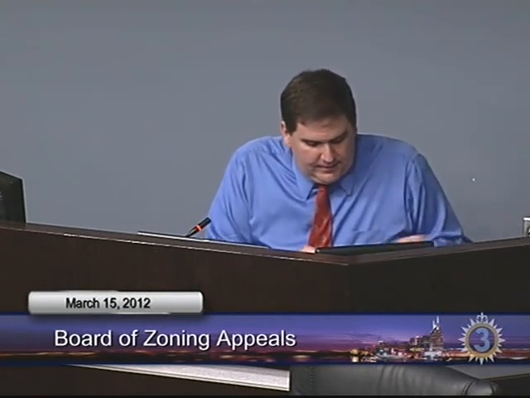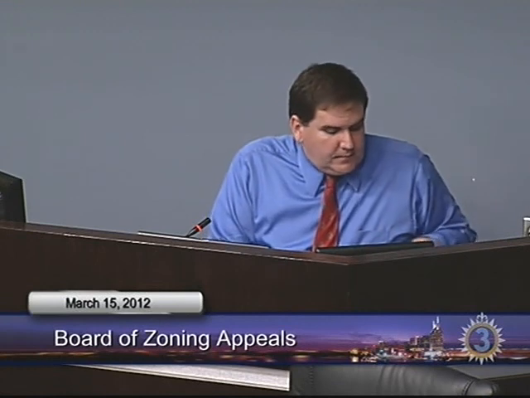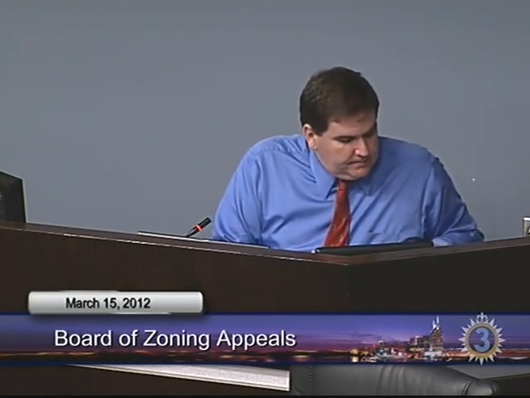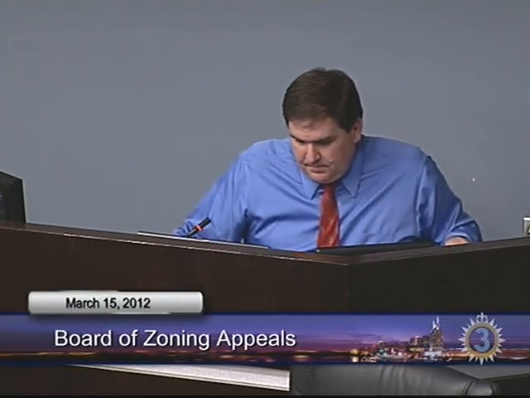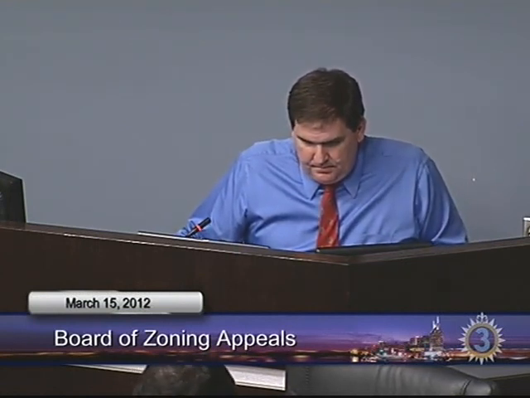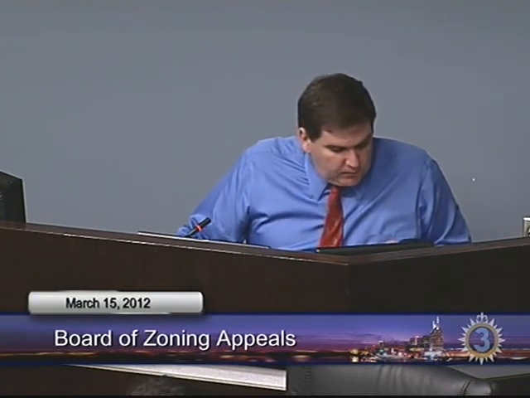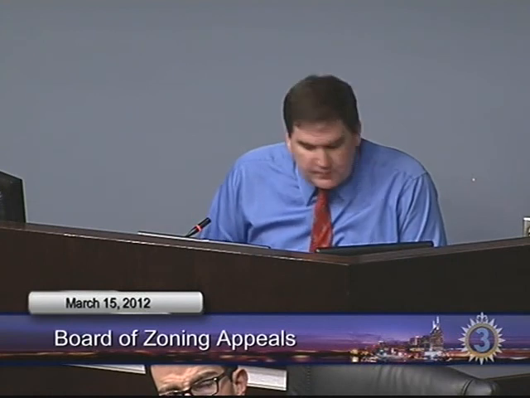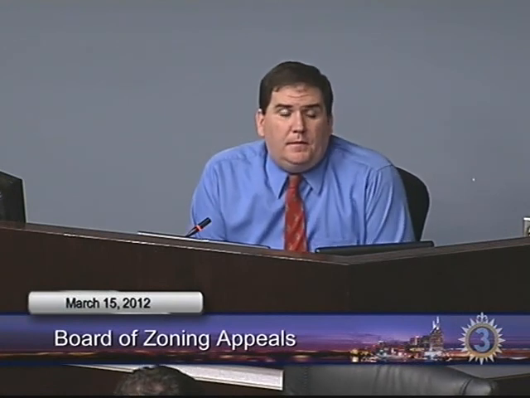What I mean by that is when I look at the code, in this zoning district being RS-15, RS-15 requires that the maximum impervious surface ratio is 60%, meaning 40% of this lot has to be pervious.